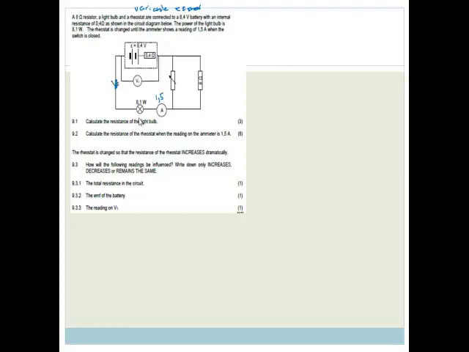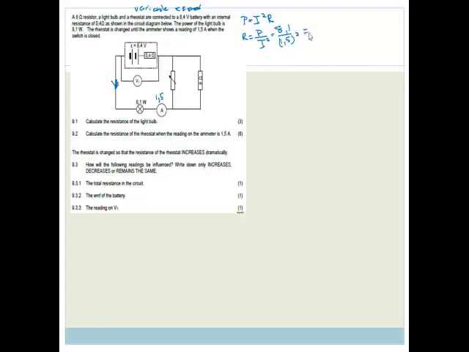Well, that's pretty easy because we have the power and we've got the current. So we can use the equation P is equal to I squared R. Therefore, R is going to be P over I squared, which is going to be 8.1 over 1.5 all squared.